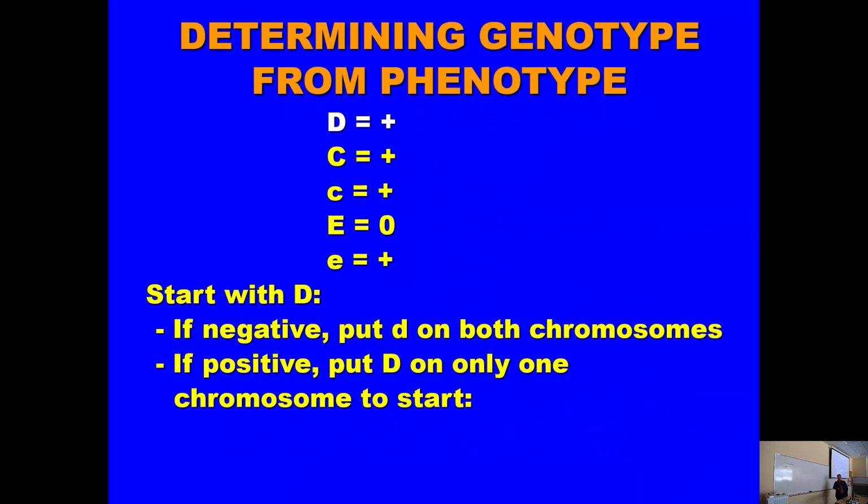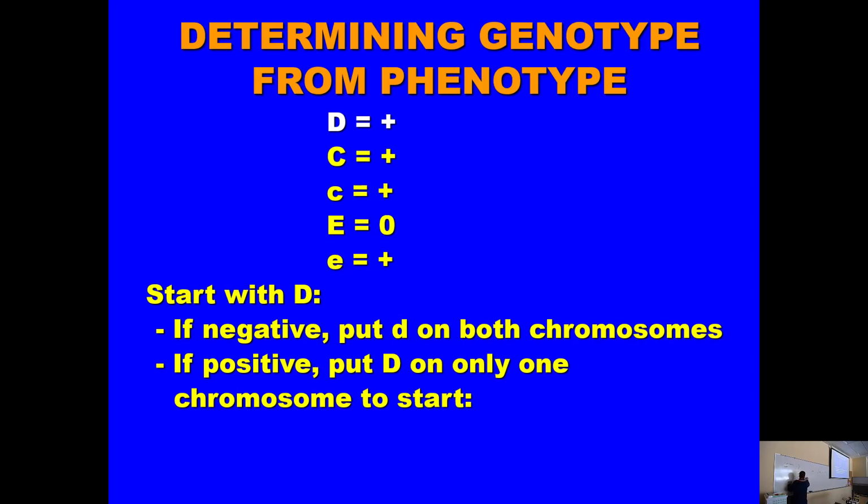So, how do we do that? First thing we're going to do is start with D. One thing I want you to note, little c, put a line over.